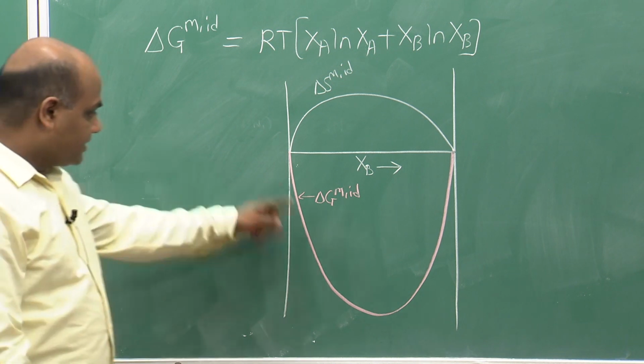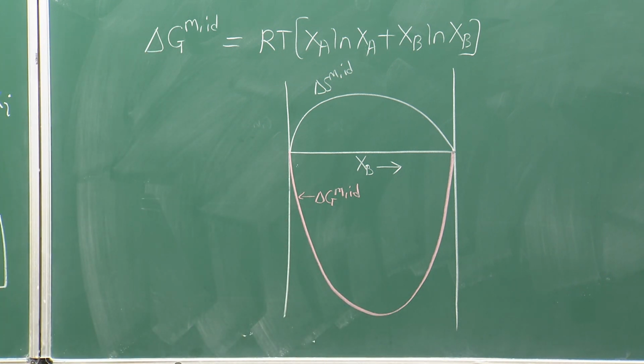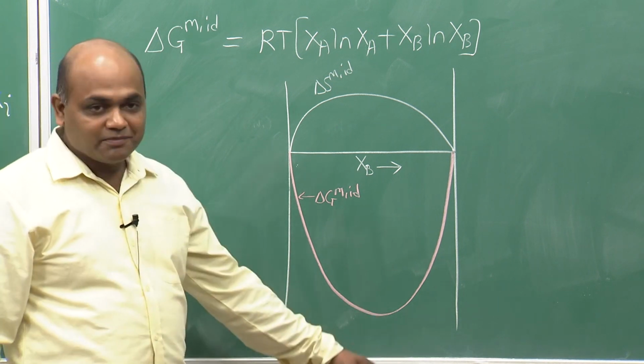So, how do we interpret this curve? Obviously, you see a minimum somewhere.